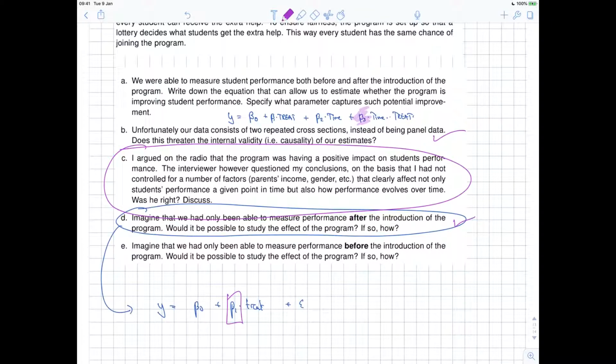And of course there's a question that should really hit you in the head that it's wrong, right? Stupidly easy question, right? You should know that answer almost immediately. Imagine that we had only been able to measure performance before the introduction of the program. Would it be possible to study the effects of the program?